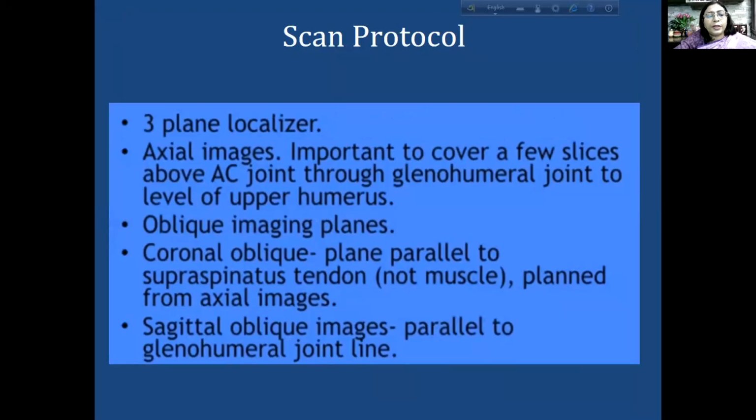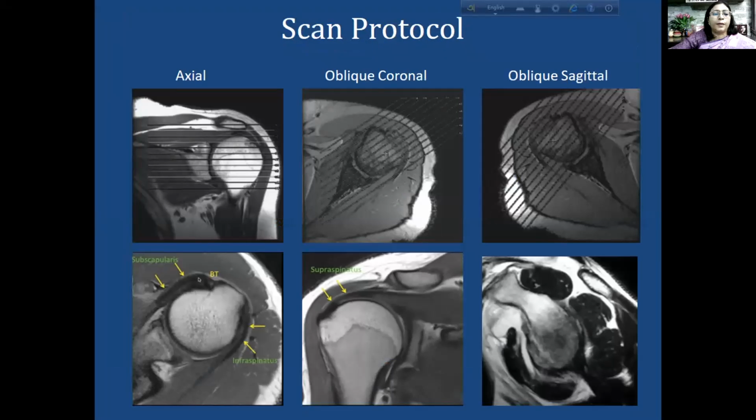Imaging should start with a 3-plane localizer followed by the axial image, from which the coronal oblique and sagittal oblique images are obtained.